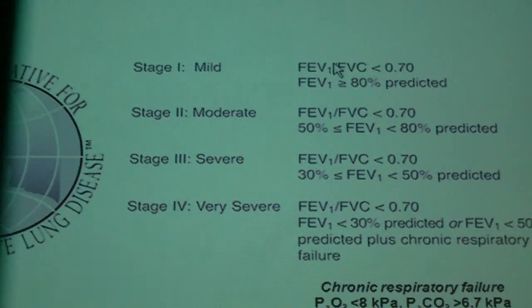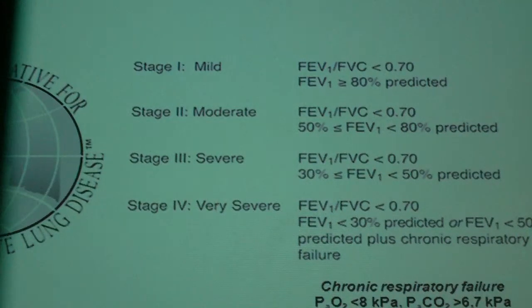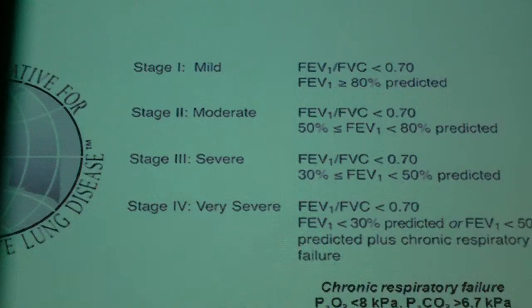So we have the needed diagnosis, that's the ratio, and then afterwards we can split up for stages of severity. If FEV1 is more than 80%, then it's stage 1, mild disease; between 50 and 80% predicted is moderate disease; below 50% is severe disease; and below 30% is very severe disease.